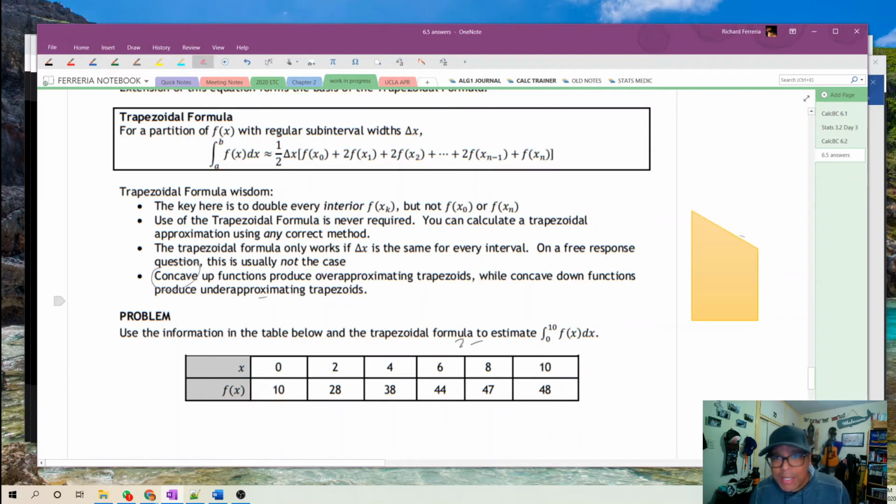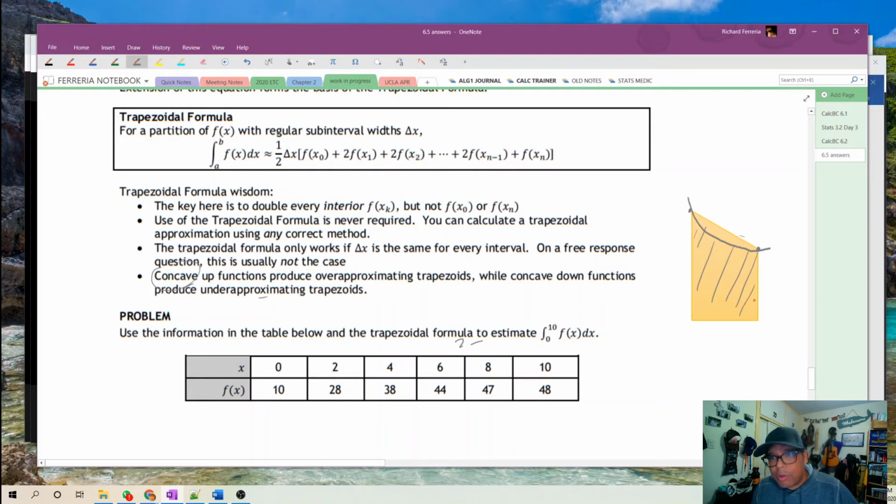So here we have that same trapezoid that we were looking at earlier in the problem, and let's imagine what a concave up function is going to look like. So we're going to draw a concave up function that connects the two corners here. And well, yeah, that's kind of what it would look like if I was going to use a trapezoidal formula on a concave up function. And you will notice that the area of the trapezoid would be greater than the area underneath the curve.